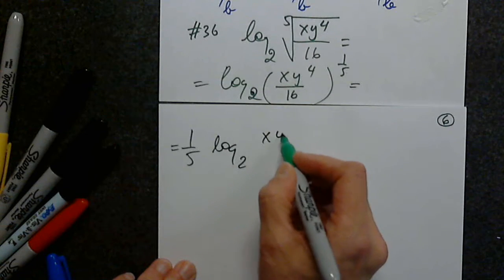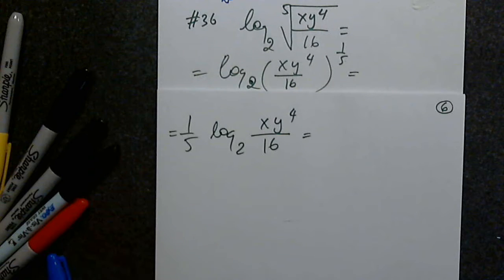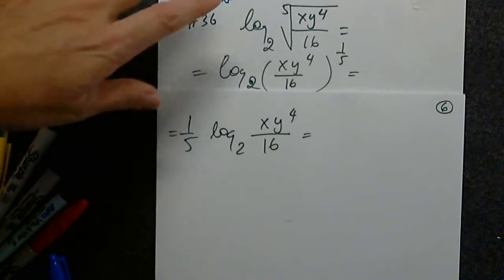Log base 2 of xy to the 4th divided by 16. Again, how many of these expressions that we are going to get to in a moment will have positive in front, and how many will have negative in front? 2 will have positive in front and only 1 negative, because there is only one quantity coming from the denominator, one factor. Very good, awesome.